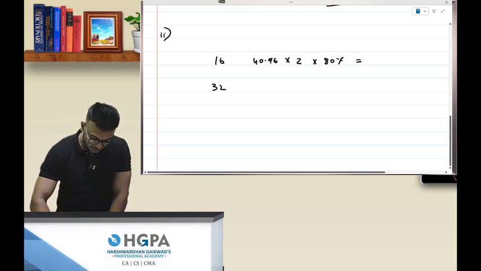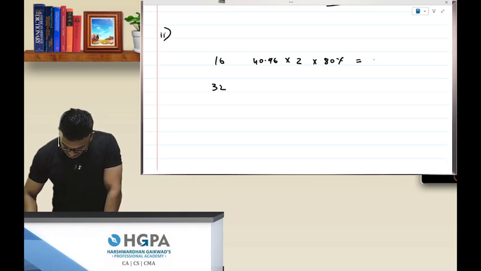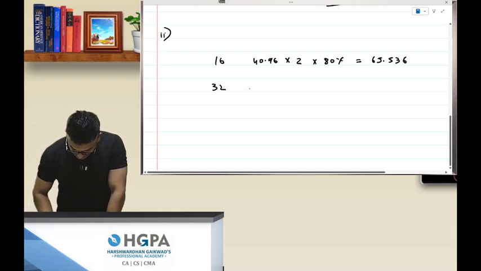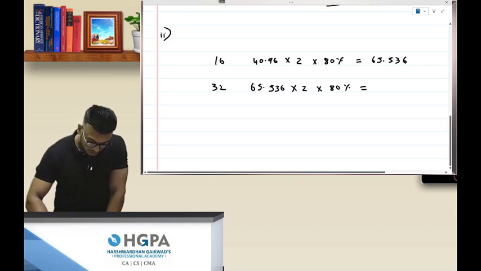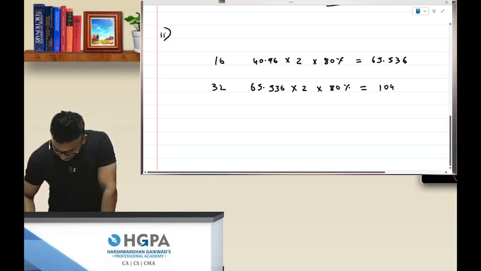What is the answer? 65.536. Same thing, bring it down, into 2 into 80%, and you will get an answer 104.8576.